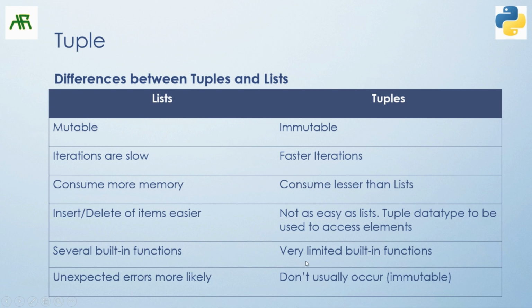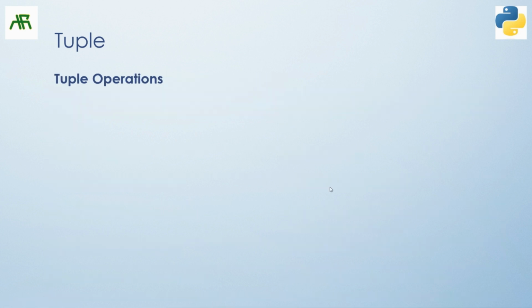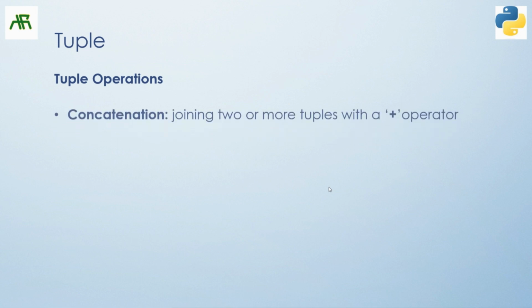We'll see those tuple built-in functions in further slides, but comparatively, lists have a lot of built-in functions provided by Python. And because of mutability, unexpected errors in lists are more likely, whereas in tuples, it's very limited or not possible in many cases. Next, we'll see tuple operations.